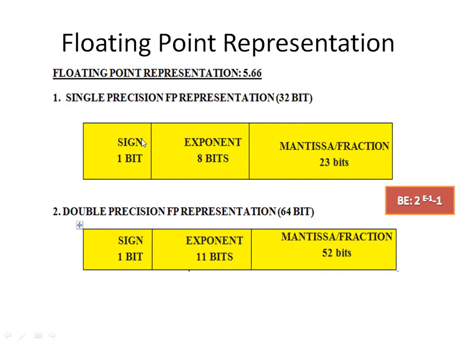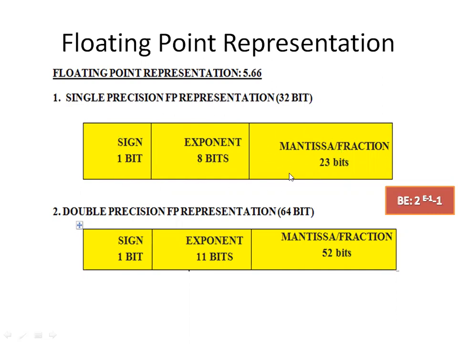If the sign field is 1, it means it is a negative number. If the sign field is 0, it means it is a positive number. Usually the sign field has 1 bit, the exponent field has 8 bits, and the mantissa field has 23 bits.